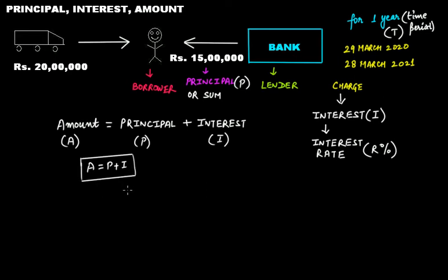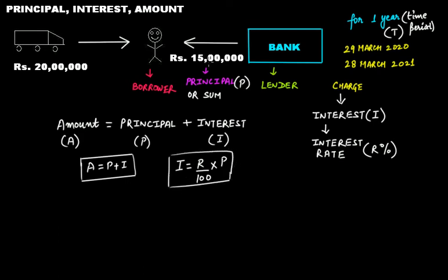Now, if you're wondering how to calculate this interest I, as I said, the bank gives you this amount at an interest rate of R%. So that will be P, the principal, times R% of the principal amount.